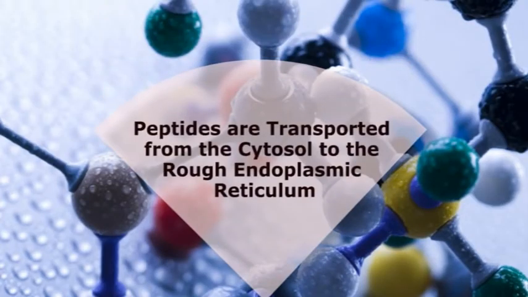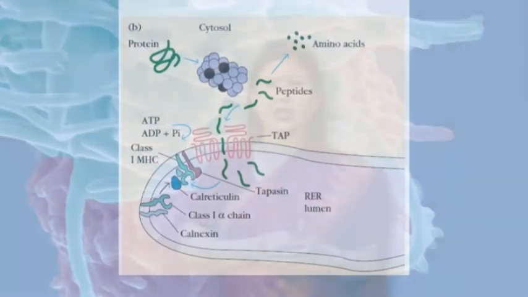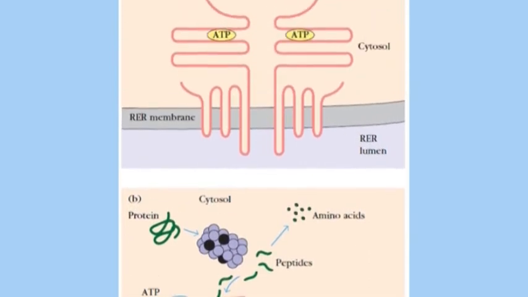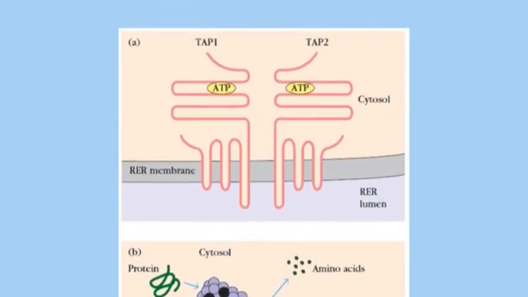Peptides are transported from the cytosol to the rough endoplasmic reticulum. The transporter protein TAP, for transporter associated with antigen processing, is a membrane-spanning heterodimer consisting of two proteins, TAP1 and TAP2. In addition to their multiple transmembrane segments, the TAP1 and TAP2 proteins each have a domain projecting into the lumen of the rough endoplasmic reticulum and an ATP binding domain that projects into the cytosol.